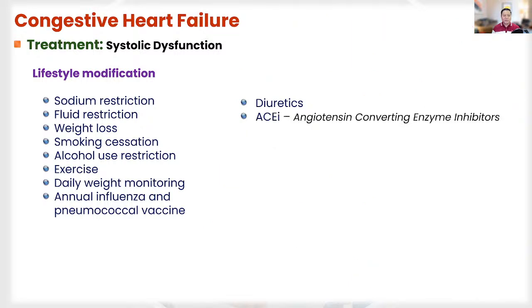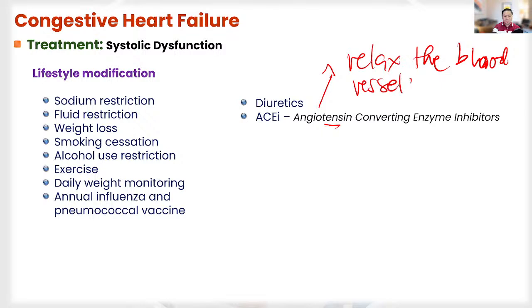Aside from the diuretics, there will be the incorporation of the ACE inhibitor, which is very helpful, guys. The effect of the ACE inhibitors, which we refer to as the angiotensin converting enzyme inhibitors, is going to help relax the blood vessels, resulting in vasodilation.